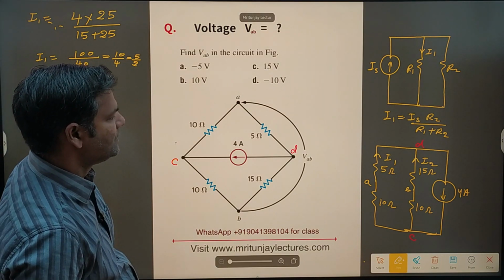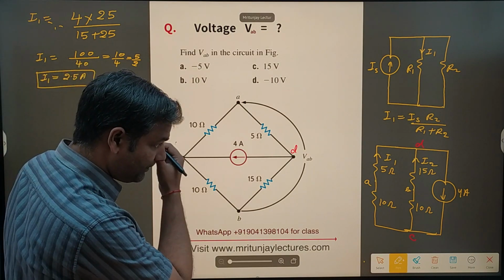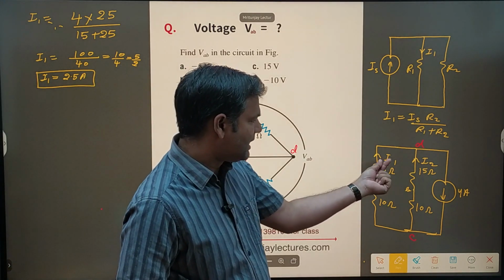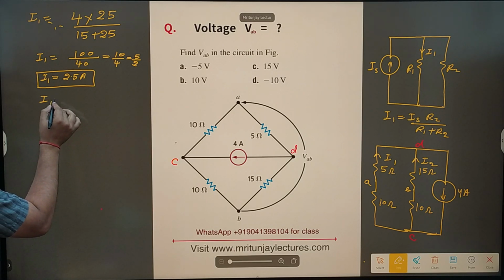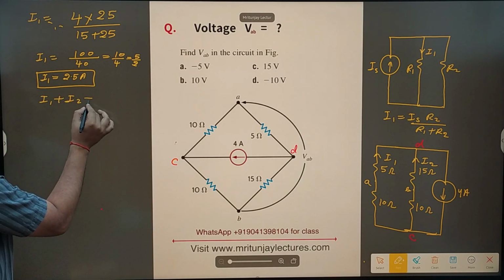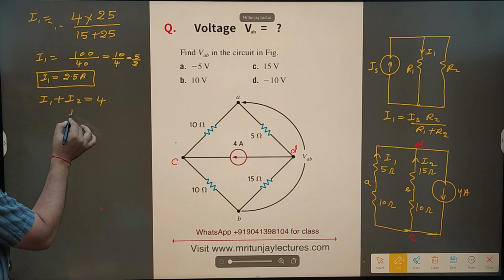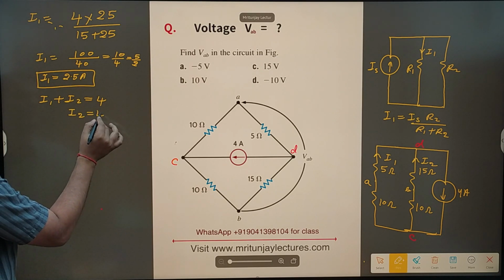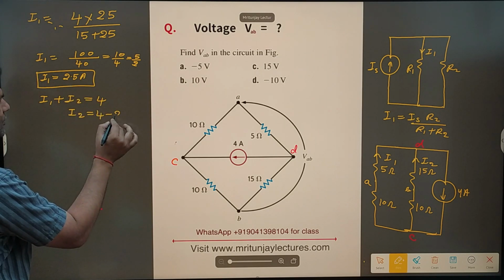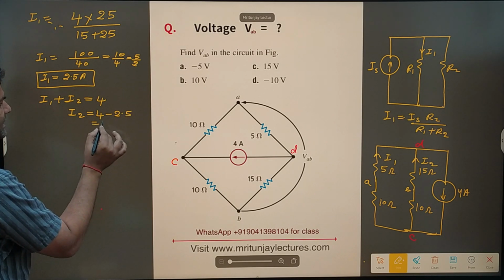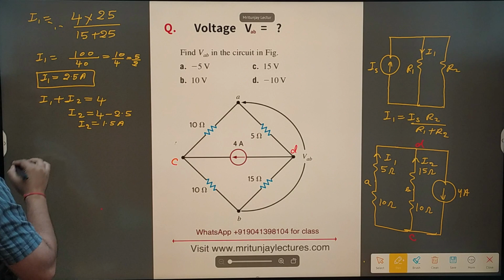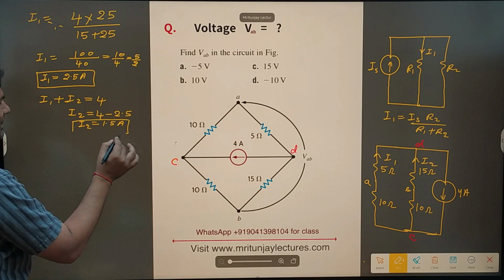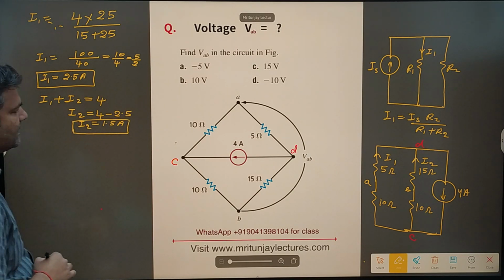Now what about I2? I know that I1 plus I2 is equal to 4 ampere according to Kirchhoff's law. So simply you can determine I2 is 4 minus I1, 2.5, so that is 1.5 ampere. So I1 and I2 we got.